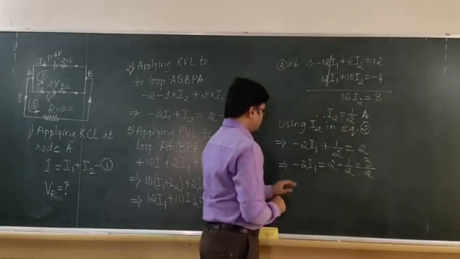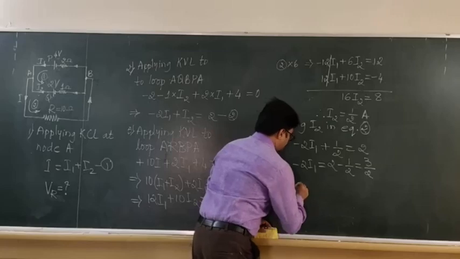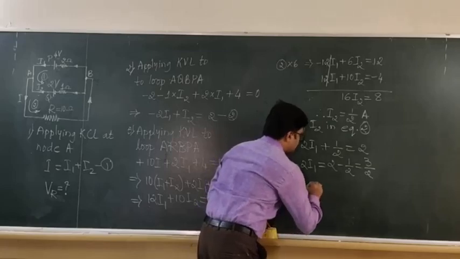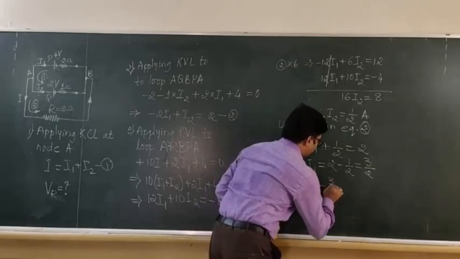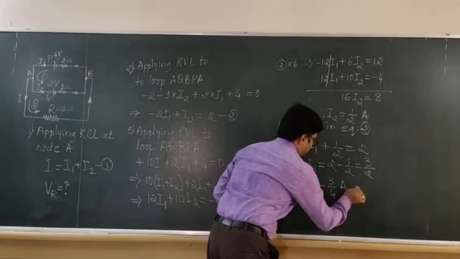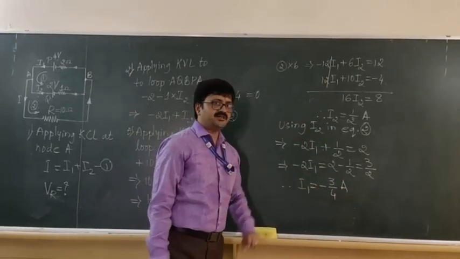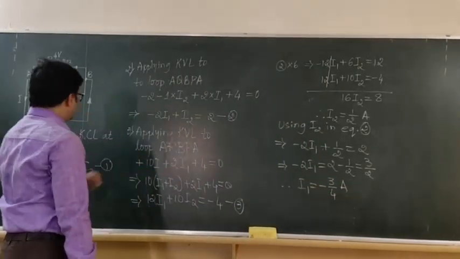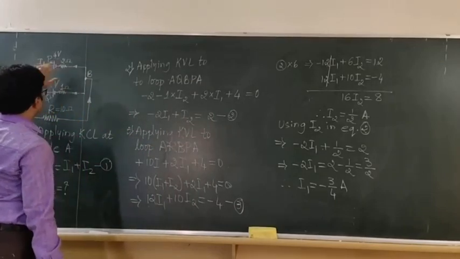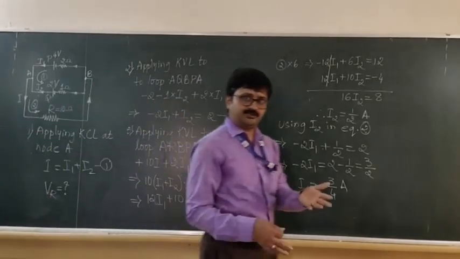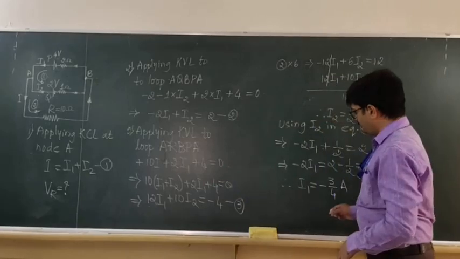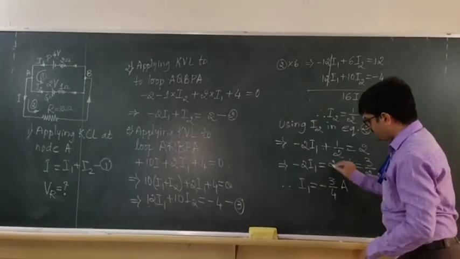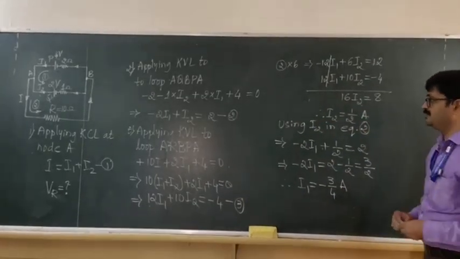Therefore, I1 is equal to minus 3 by 4. So the negative sign indicates that the direction that I have chosen for I1 should be taken opposite. That is the meaning of it. Anyways, I take I1 as minus 3 by 4 ampere here.